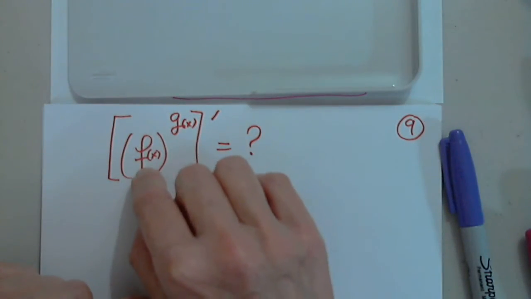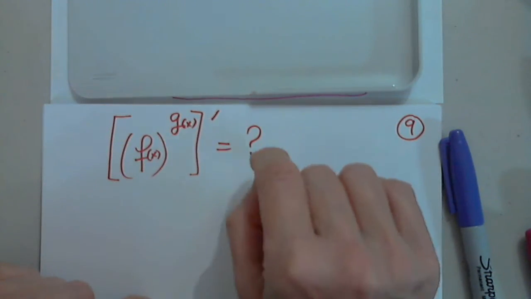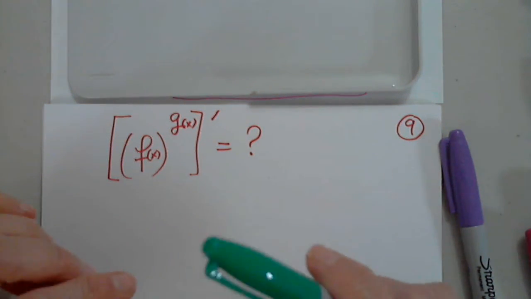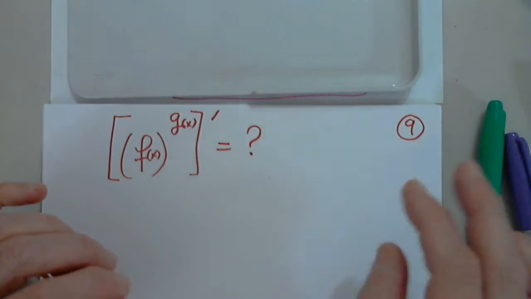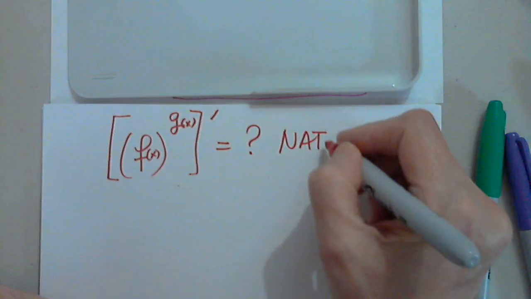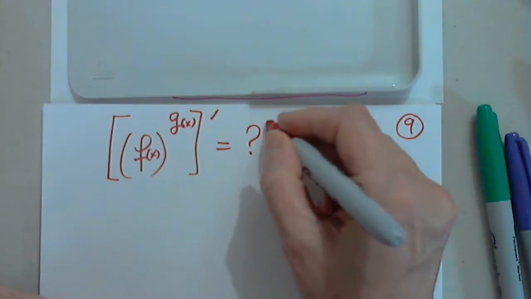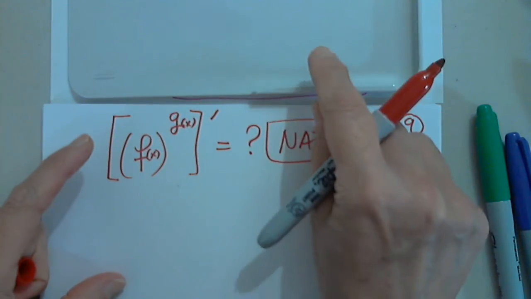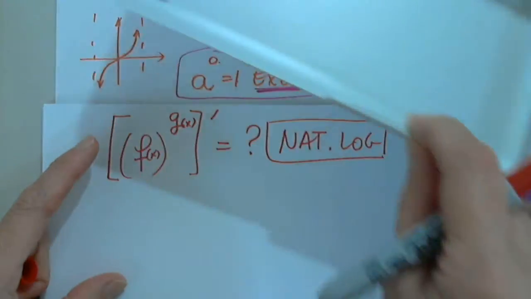So how did we differentiate a function raised to another function? What was the procedure? You would use the natural log. The logarithmic differentiation. Exactly. So let's take a look.